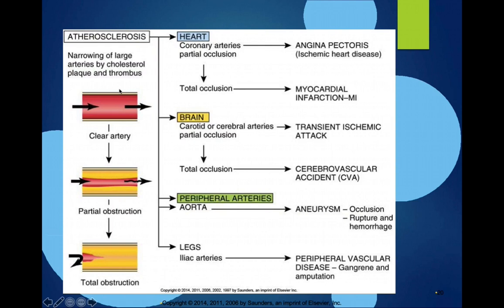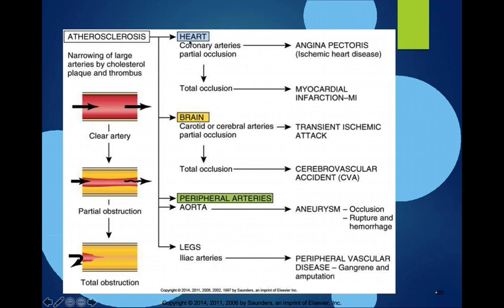Okay, so let's look at the different degrees of atherosclerosis. Now, keep in mind, this could be a little bit tricky, right? This is a clear artery. This is a partial obstruction. But you see this yellow? Remember, based on the picture I showed you before, it's not that the accumulation is in the lumen, it's outside pushing in. Okay?